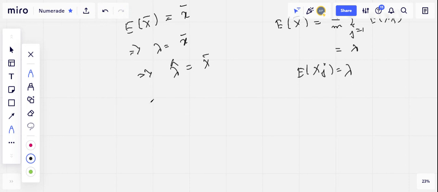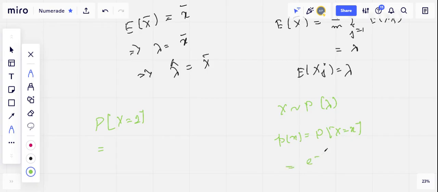Okay, now we find probability X equals 2. First of all, X follows Poisson distribution with parameter lambda. So probability mass function p(x) equals probability capital X equals small x equals e to the power minus lambda, lambda to the power x, whole divided by x factorial, where x runs from 0, 1, 2, so on, and lambda greater than 0.